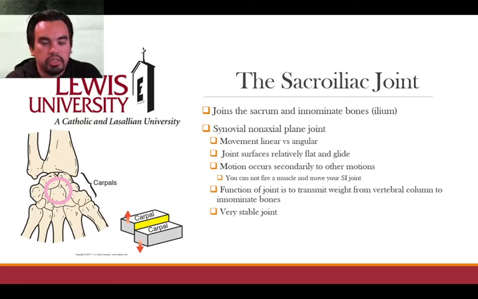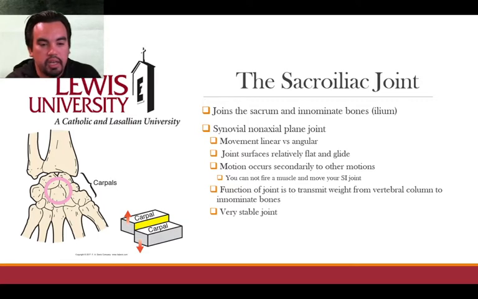The motion occurs secondary to other motions, so you can't really fire a muscle to move your SI joint. It more specifically occurs as an ancillary movement. And the function of the joint is really to transmit weight from the vertebral column to the innominate bones.